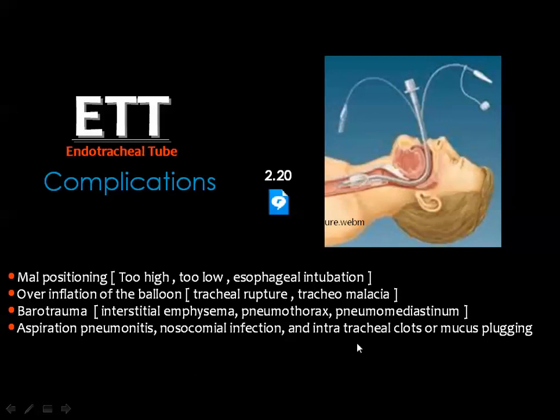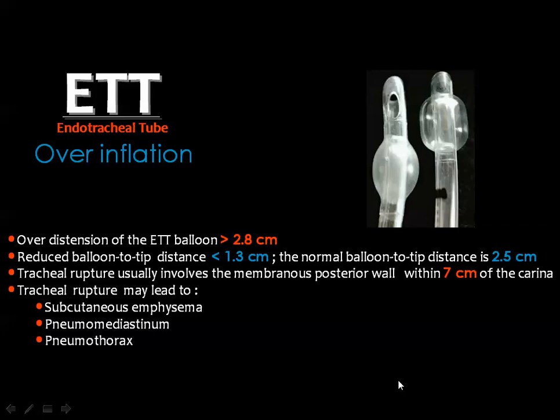Complications of ventilation include interstitial edema, pneumothorax, and pneumomediastinum. And sometimes you get aspiration pneumonia, nosocomial infection, and intratracheal clots or mucus plug. Then overdistension of the endotracheal tube balloon may have the previously mentioned complications.